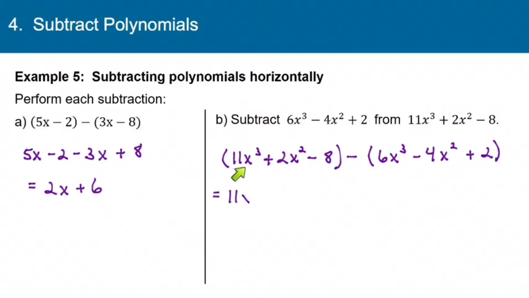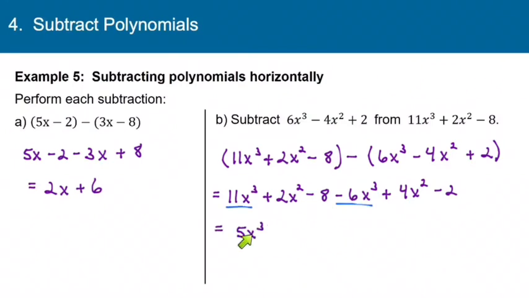Now we'll need to eliminate these parentheses by distributing the minus sign. That's going to give us 11x to the third plus 2x squared minus 8 minus 6x to the third plus 4x squared minus 2. Now we can combine our like terms. Let's just look through here and find all of our x to the third terms. So we have 11x to the third and negative 6x to the third.